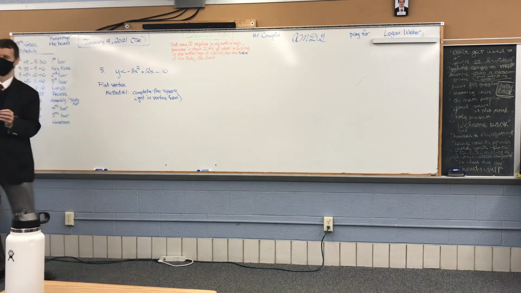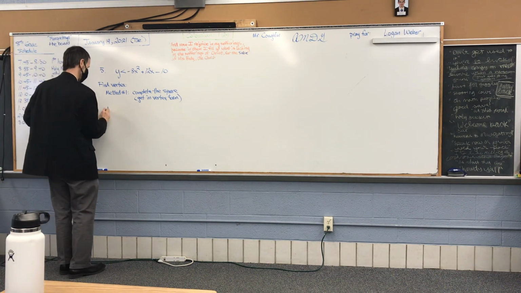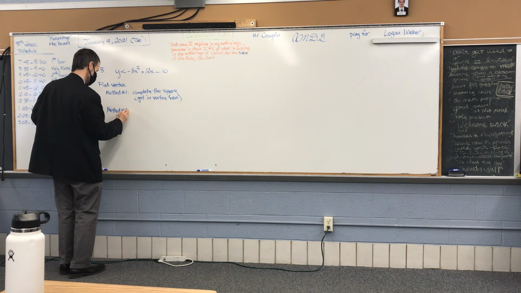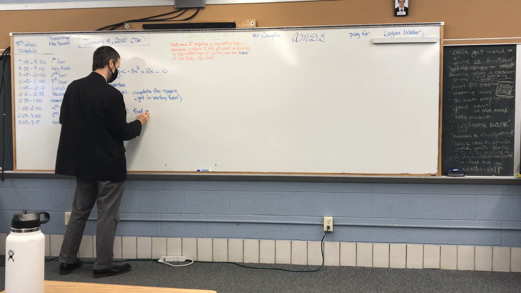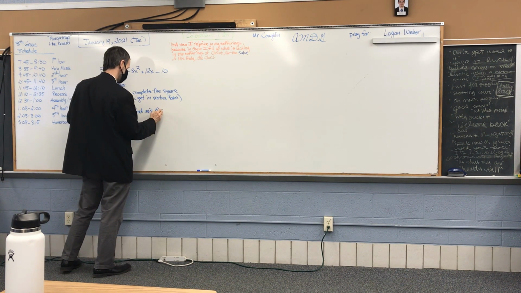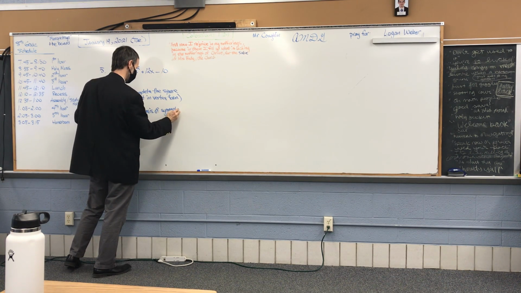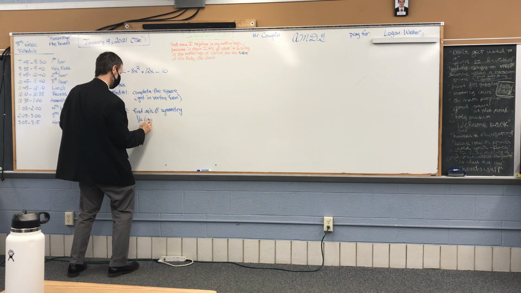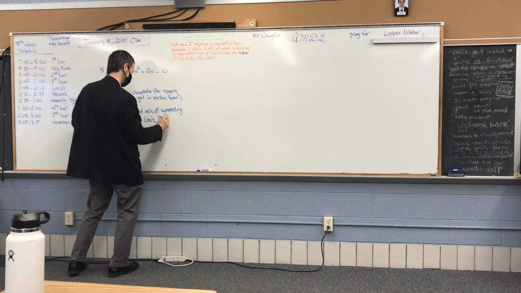That's one way. If you like to complete the square, go for it. Method number 2. Find the axis of symmetry. And then the vertex will be the axis, comma, plug in the axis.